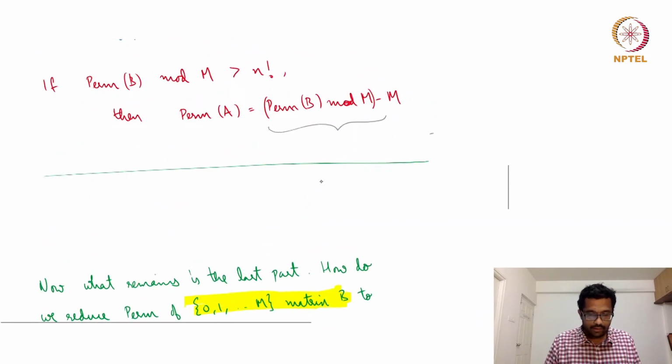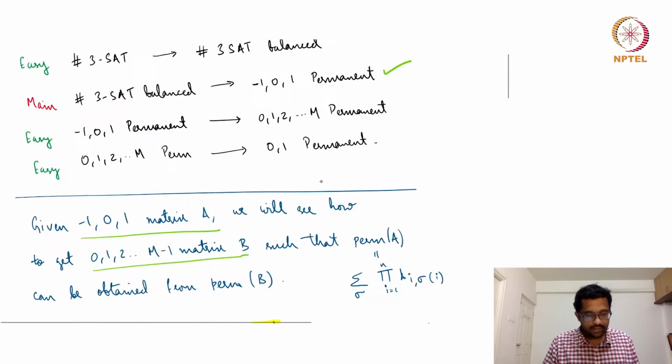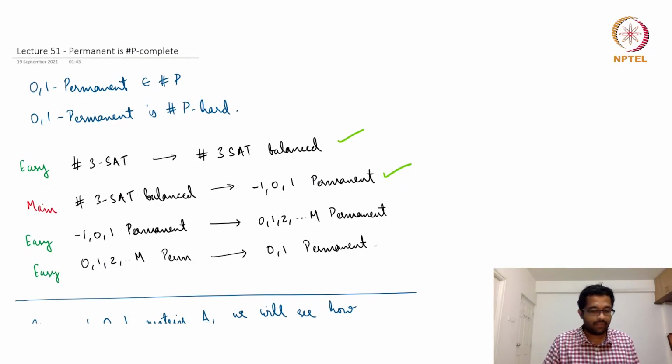One may think that the permanent is not such a difficult problem, because it corresponds to counting the number of matchings in a bipartite graph, and the decision version of the problem is easy, just like we said about counting the number of cycles. However, we see here that the counting version, counting the number of perfect matchings in a bipartite graph, is Sharp-P complete, meaning you can take any problem in Sharp-P and reduce it to the permanent.